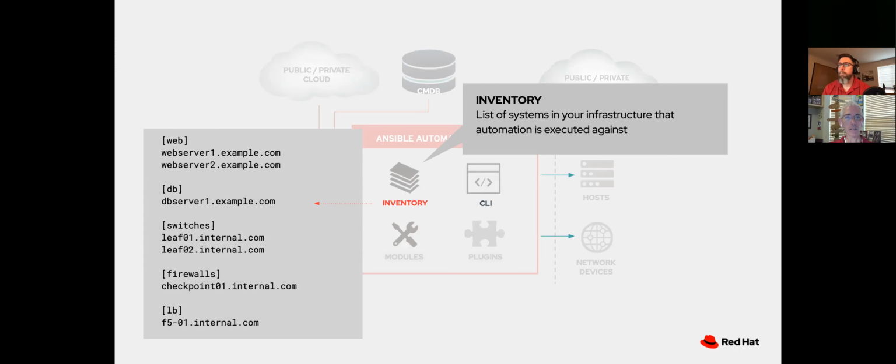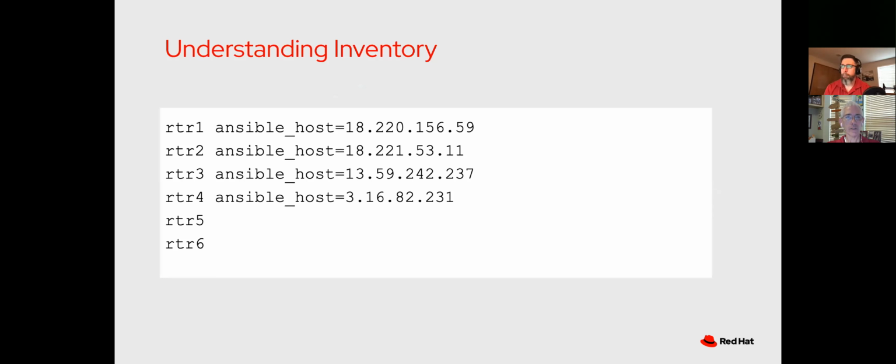If we look a little bit more into this inventory file, you can start to populate it with things that are specific to a host using variables. Variables are part of the Ansible automation language.